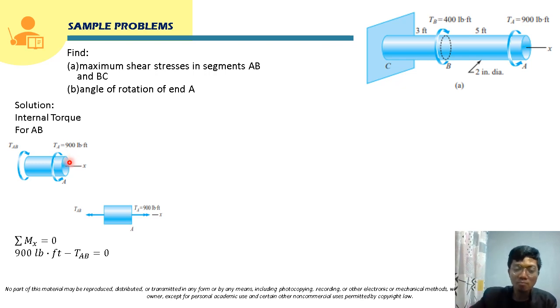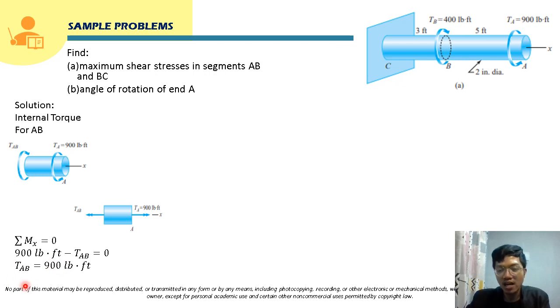So this 900 pound-feet torque will be positive, and the internal torque TAB will be negative since it is clockwise. This will be equal to 0, so we can solve for TAB, the internal torque at segment AB. The answer, class, is 900 pound-feet.